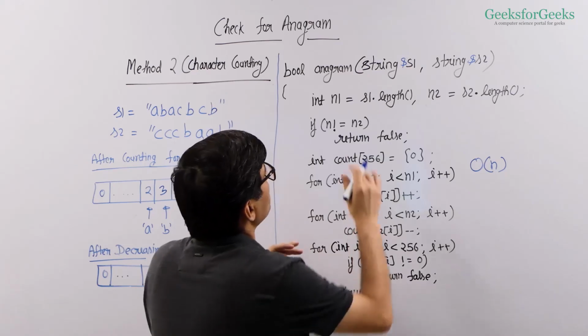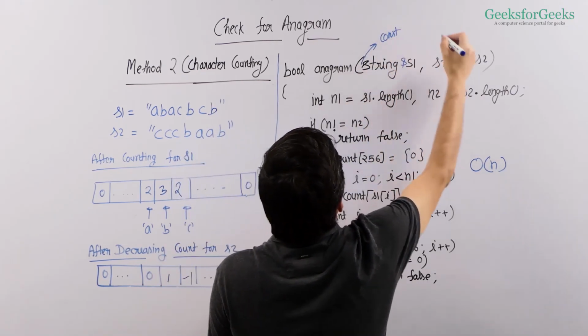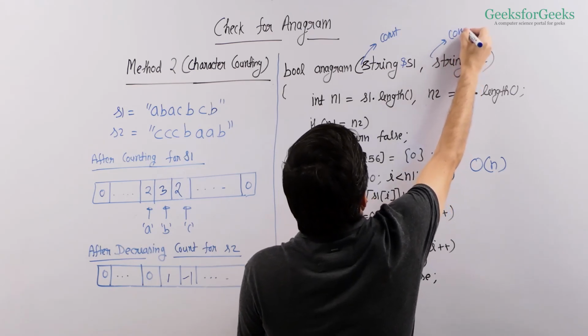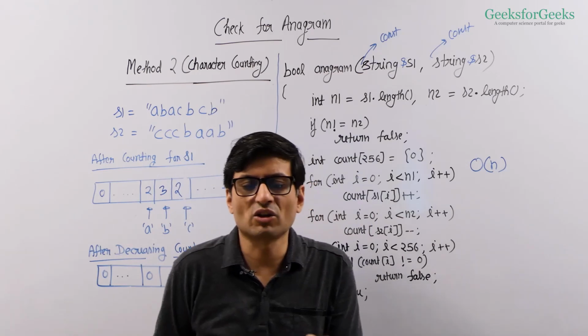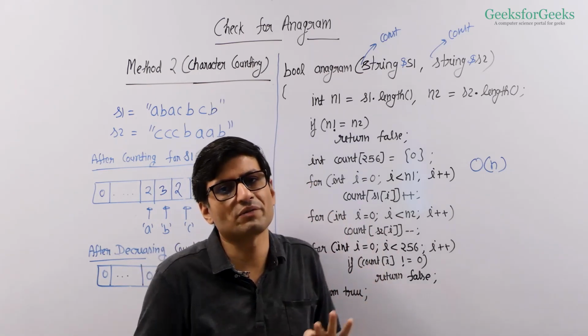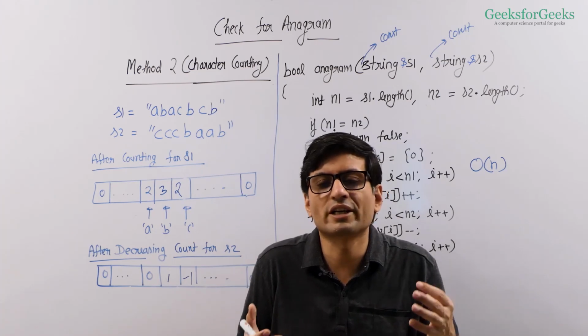So the best programming practice here is to add a const here also. So we pass const string ampersand. This will have efficiency, and this will also ensure that this function does not modify the strings because its target is to just check whether two strings are anagram or not.